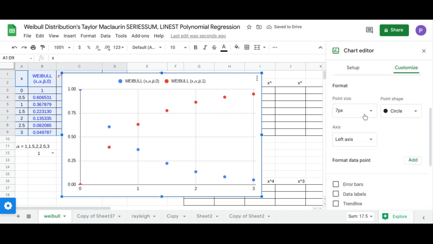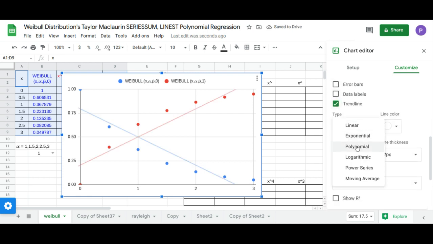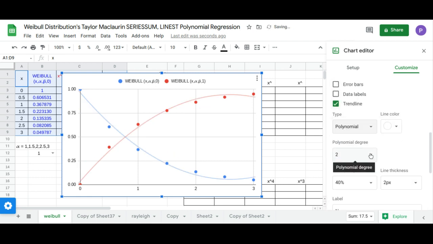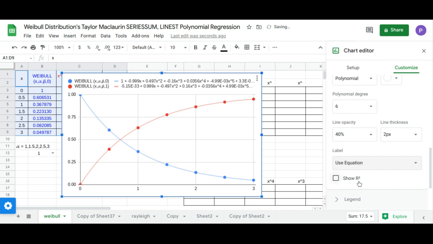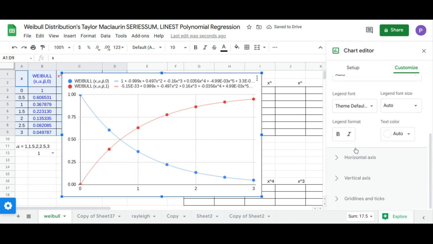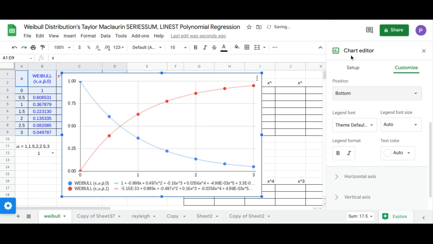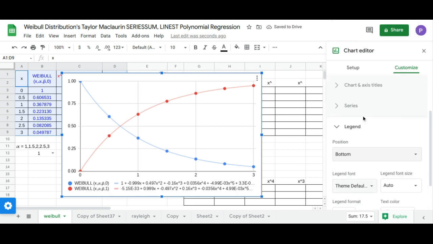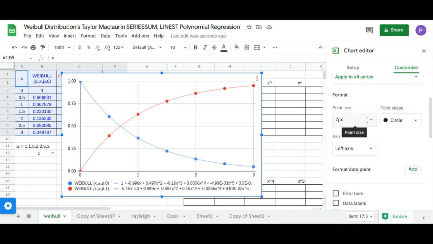And for the series, show the trend lines polynomial to the 6th degree. For the label, use the equation. And for the legend, position at the bottom. And the size, this will be maximum.